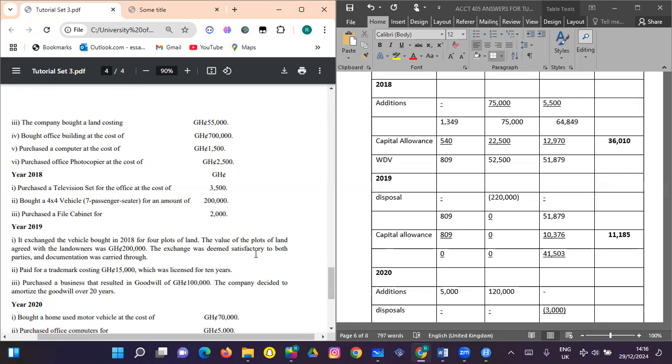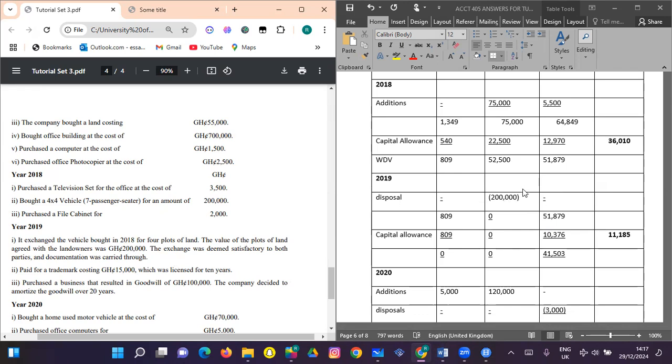Since it was exchanged for land, which capital allowance cannot be applied on, we assume that it has been sold for 200,000. All right, so now this is it here. So we exchange this thing for 200,000. So that's what we place in here.